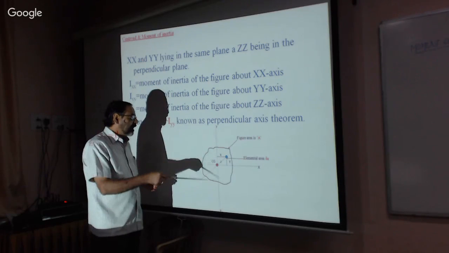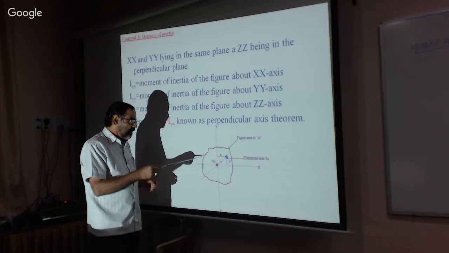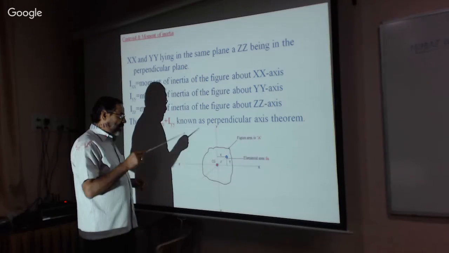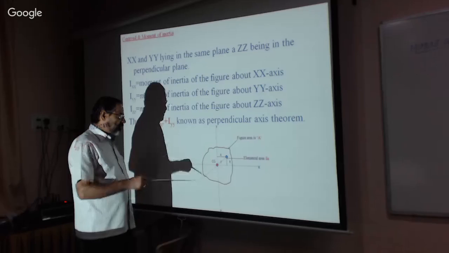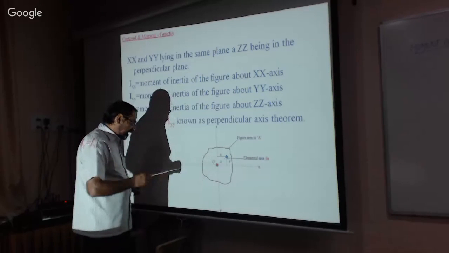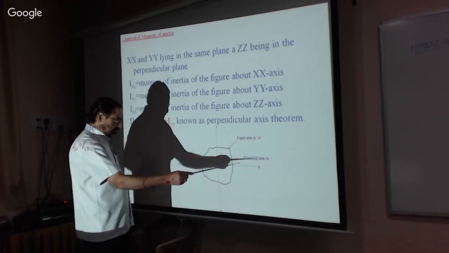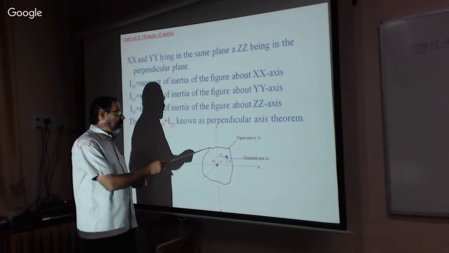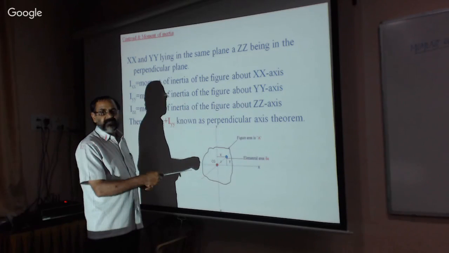Now this is one irregular section having area A, and this is the x-axis. Ix means moment of inertia of the given figure about the x-axis.